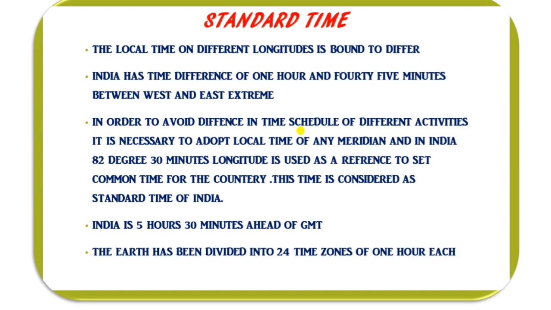Now, if we talk of standard time, the local time on different longitudes is bound to differ. It's but natural. If we talk of India, our longitudes are from 68 degrees to 97 degrees, which means there's a difference of almost 30 degrees from Gujarat to extreme Arunachal Pradesh.